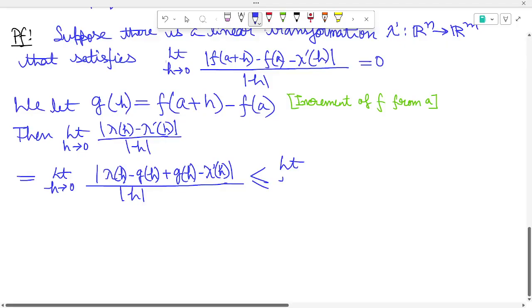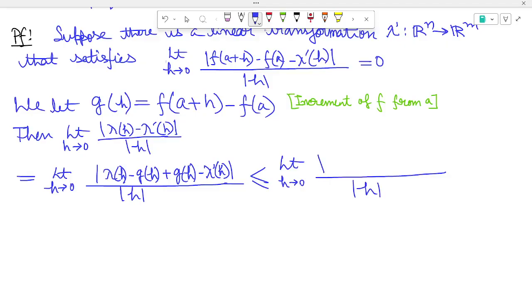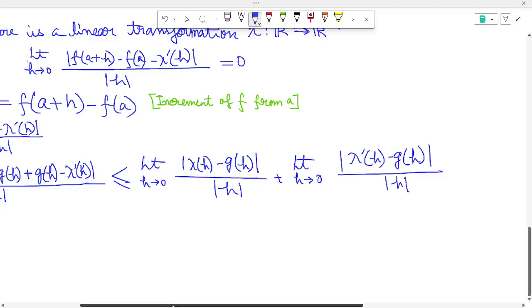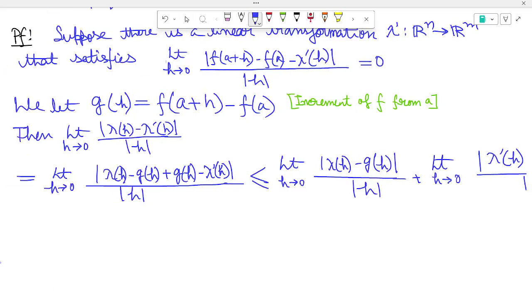This is the limit of lambda h minus g(h), plus the limit of lambda dash h minus g(h), each divided by the norm of h.